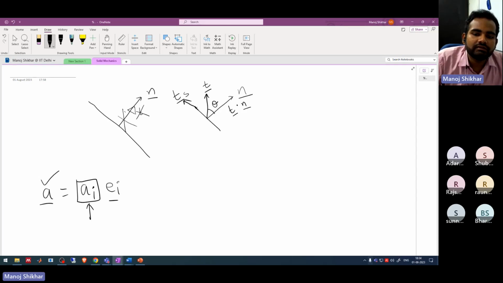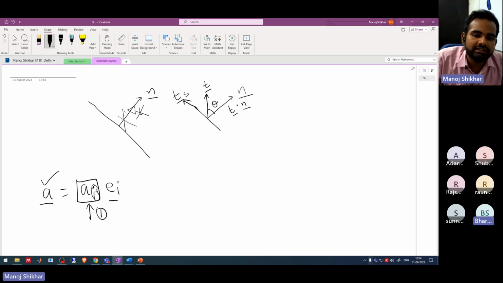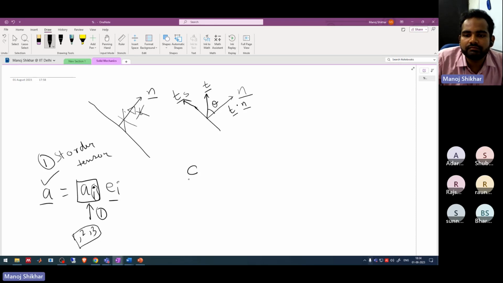How many free indexes are there? Like this i, only one free index is there, right? Only this i value can change. Like I can get 1, 2, or 3, whatever it is. So only i is able to change freely. So that's why the order of this will be first order tensor. First order tensor. Suppose I write some matrix C.